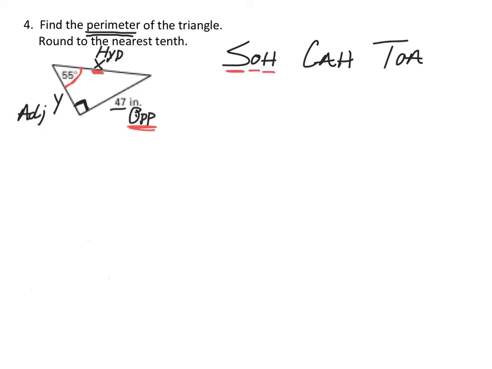So that would be the sine function, so we'll start with that. So it's going to be the sine of my angle, which is 55 degrees, and the sine function is equal to the ratio of the opposite side, which is 47, over the hypotenuse, which is x.